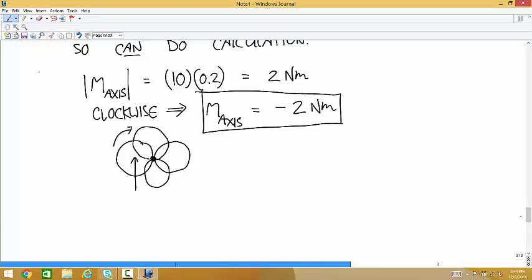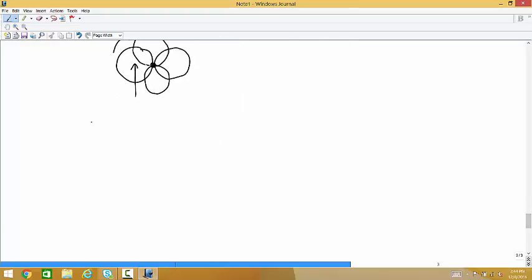So what if that force vector is not perpendicular to the line between the axis and the point where the force is applied? It's very likely, much more likely, that they won't be perpendicular than that they will. So yeah, we'll have a way to sort of modify this so we can use it.